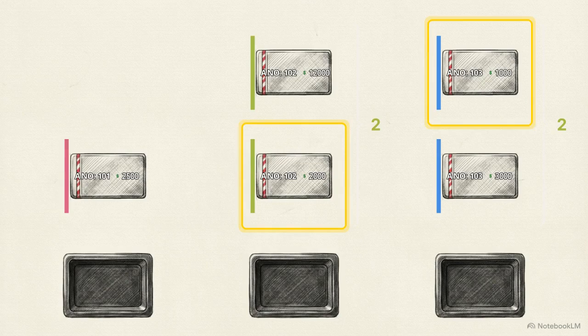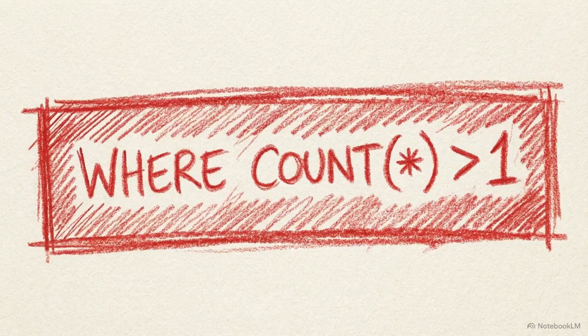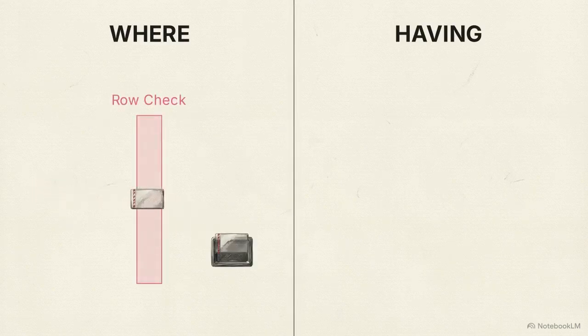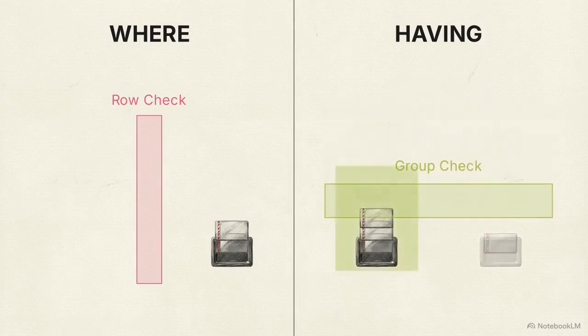When beginners try to filter this result to show only accounts with more than one transaction, they often try to use the where clause, writing where count asterisk greater than 1. The query immediately fails. In SQL, the where clause can only filter raw individual rows before they are grouped. The having clause is specifically designed to filter the aggregates after the grouping is complete.